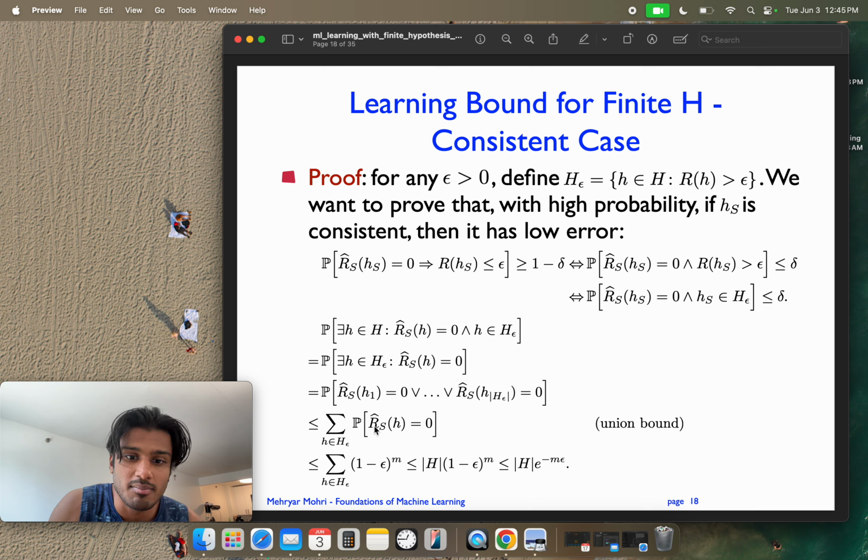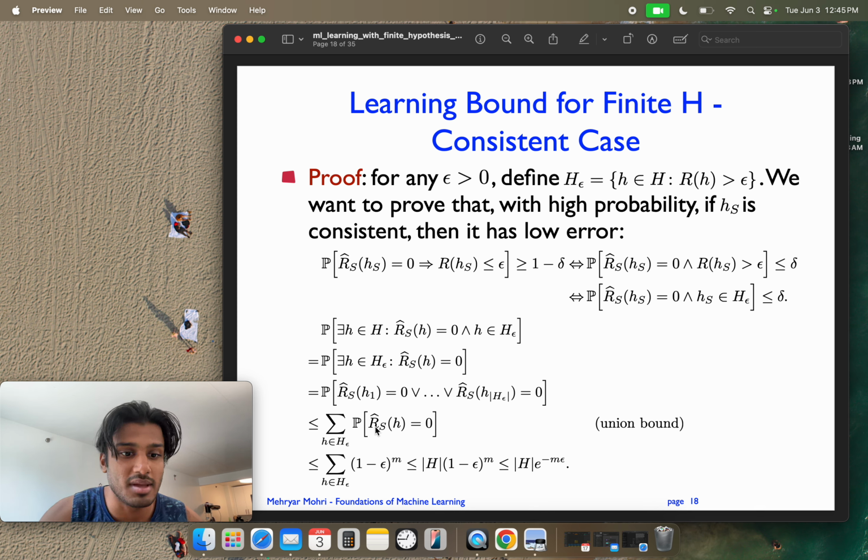So now when can the empirical risk of this algorithm be equal to 0? Well, if it's a bad algorithm, that means its real risk is greater than epsilon. And if its empirical risk is 0, that means it did not make any error on any of the m points. So if its real risk is greater than epsilon, that means the probability that it makes an error is greater than epsilon.